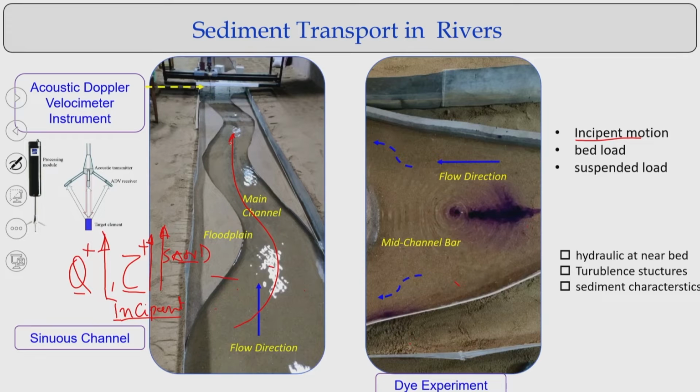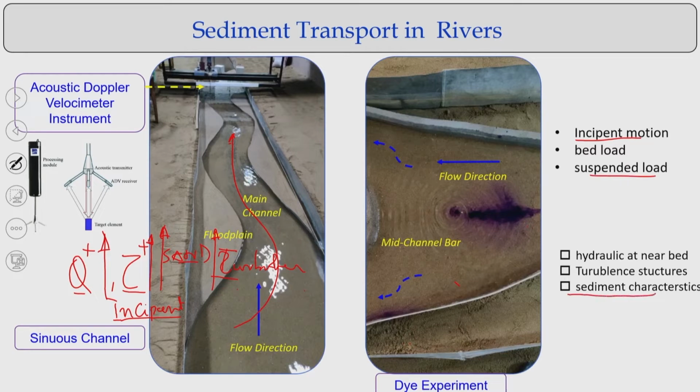If you increase the discharge further, the bed materials that were moving along the bed remain in suspended conditions for a considerable length of time, because of the increasing turbulence, which keeps the sediment particles floating as suspended load.